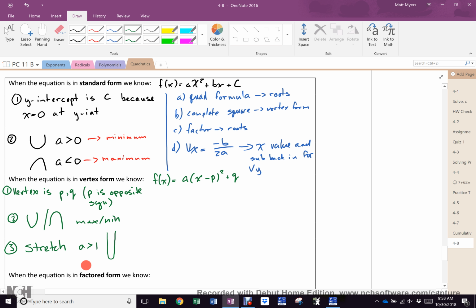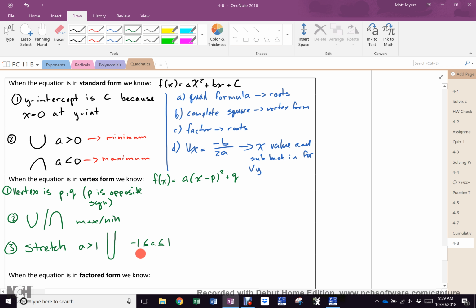Right? If a is between negative 1 and 1, what's going to happen to it? Is it going to stretch vertically, horizontally, or nothing?